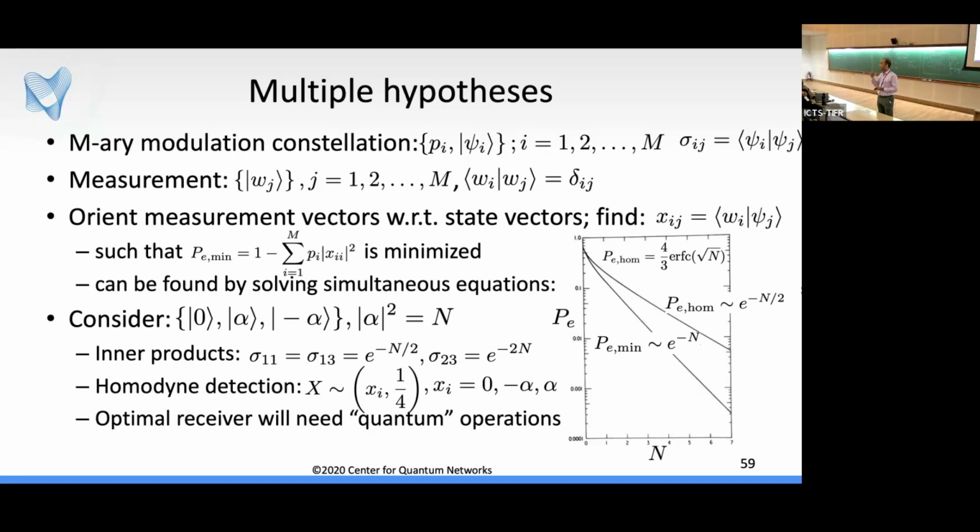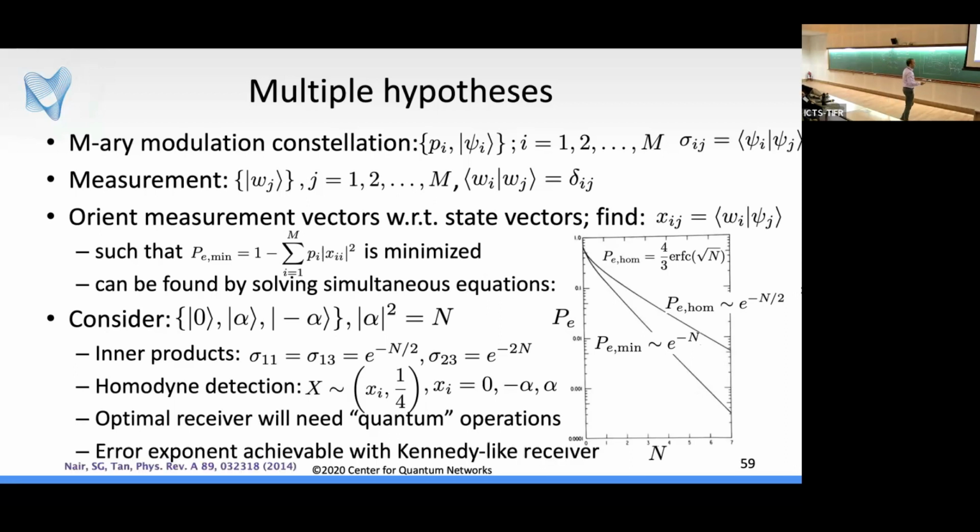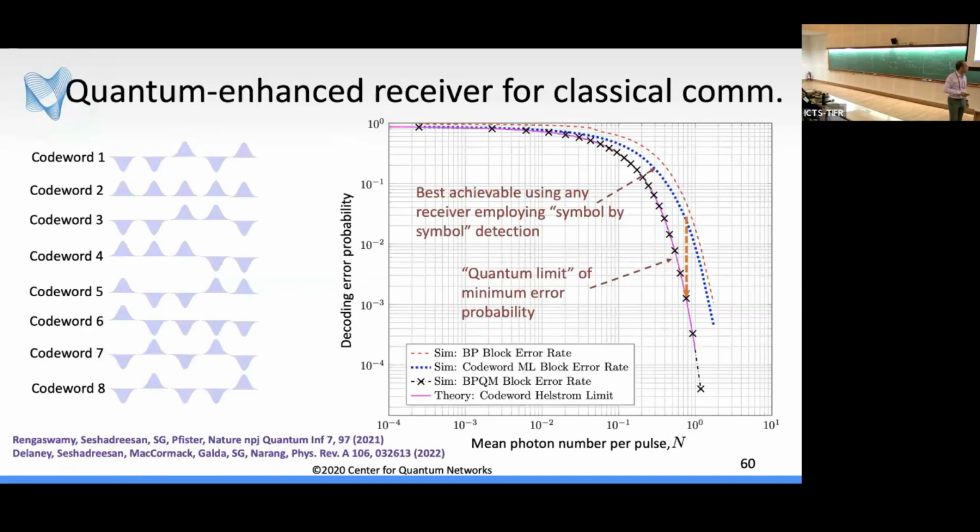He was able to design a receiver that attains the quantum limit, but by using tools that can be properly described still using the semi-classical theory of photodetection. But for the general case, you're going to need quantum operations. But if you're just interested in achieving the correct error exponent, but not the exact Helstrom limit, you can achieve it with this Kennedy-like receiver that uses displacement and photon detection.